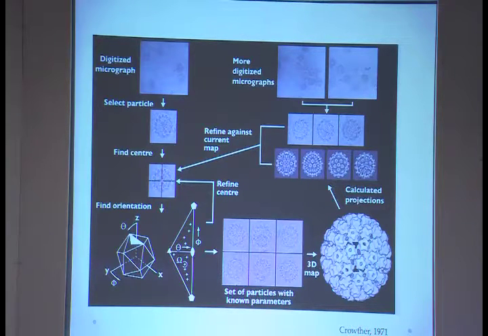The ice doesn't have to be very, very thin. Usually, even if you don't have a thin carbon layer on top of your grid, you can still get nice images, and eventually you have each projection corresponding to 60 different projections that should be similar, in the sense that you have 60-fold views of the icosahedron.